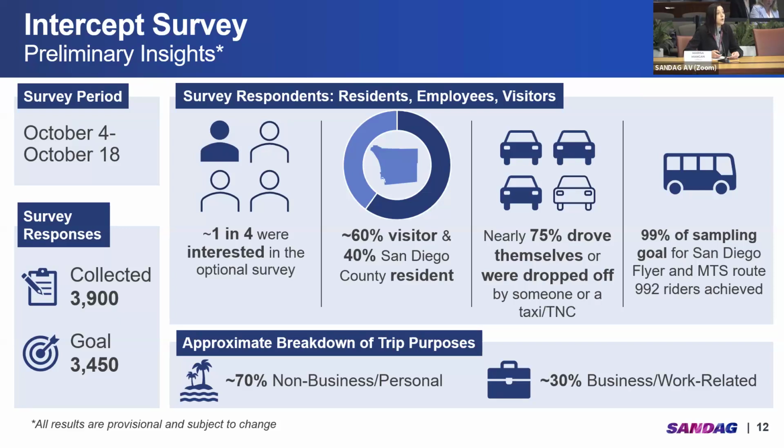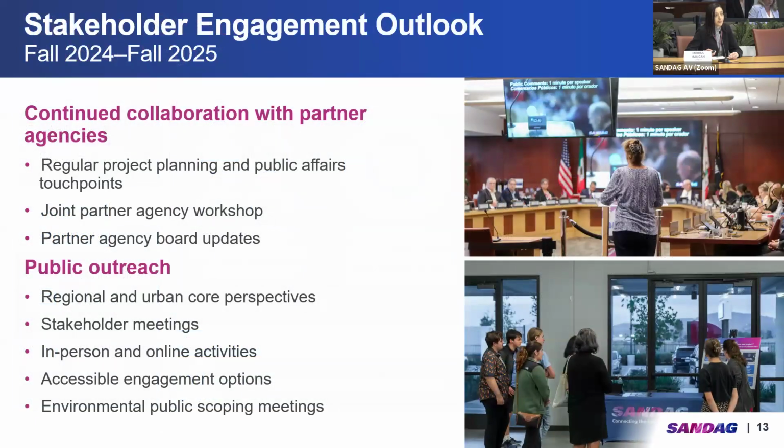About 25% of the people were interested in giving us more information about their stated preferences and willingness to use new modes. And about three-quarters of folks are being driven or driving themselves to the airport. So we see some opportunity to expand their options and consider other alternatives in the future.